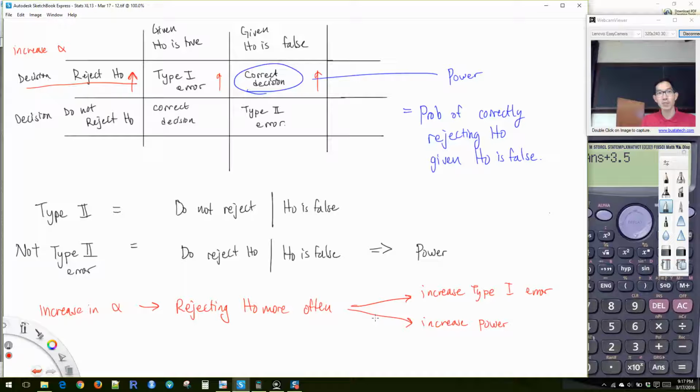Power is always 1 minus beta. Yes, power is equal to 1 minus beta. And 1 minus alpha is the specificity of a test. So power can also be known as the sensitivity of a test, and the specificity of a test. These are more medical terms, talking about biopsies and stuff.